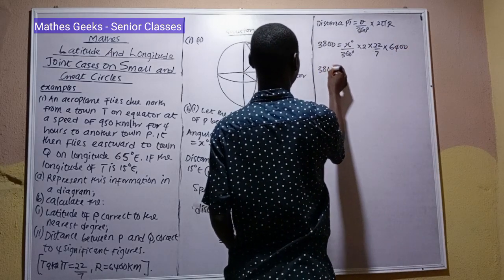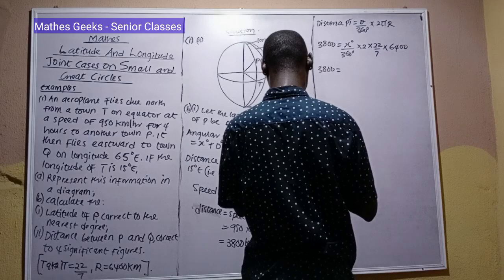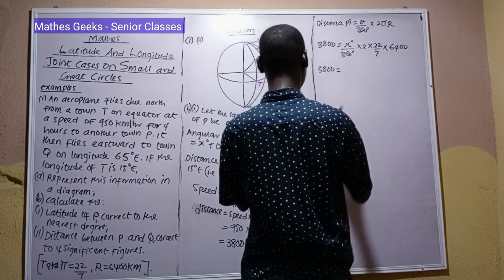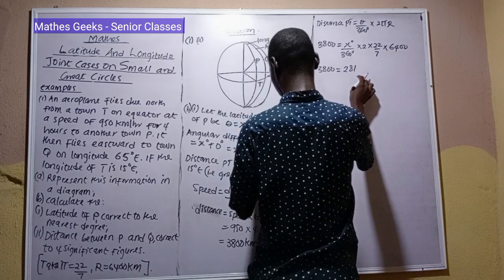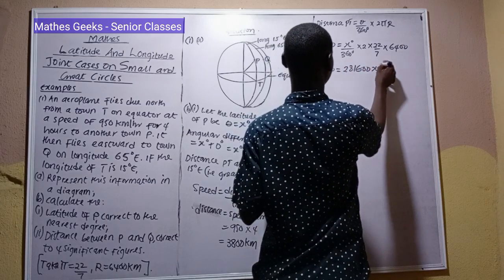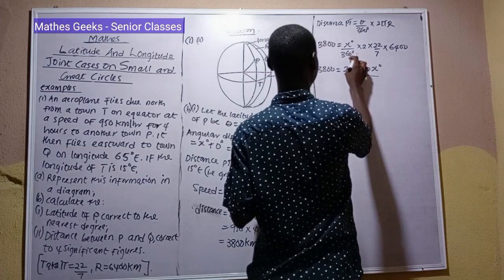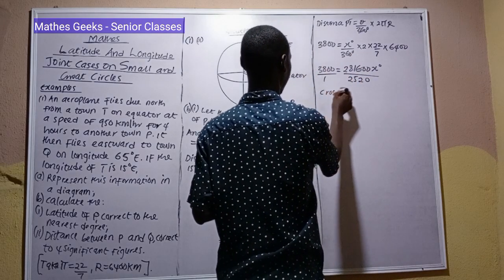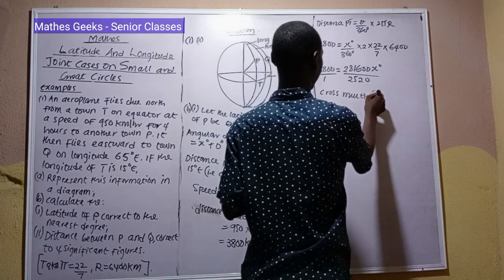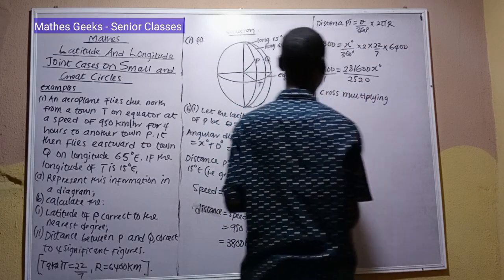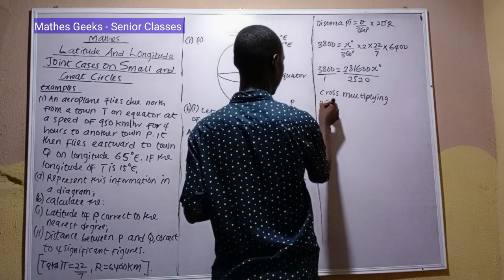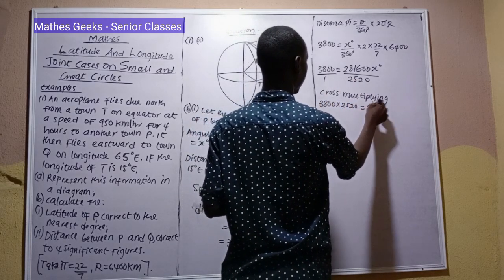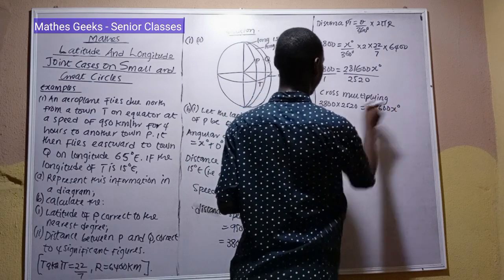So 3,800 is equal to 2 times 22 times 6,400, which is 281,600, times x degrees over 360 degrees times 7, which gives 2520. Cross multiplying, we have 3,800 times 2520 is equal to 281,600 x degrees.